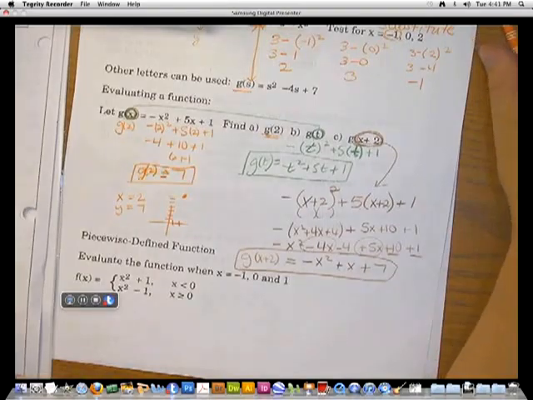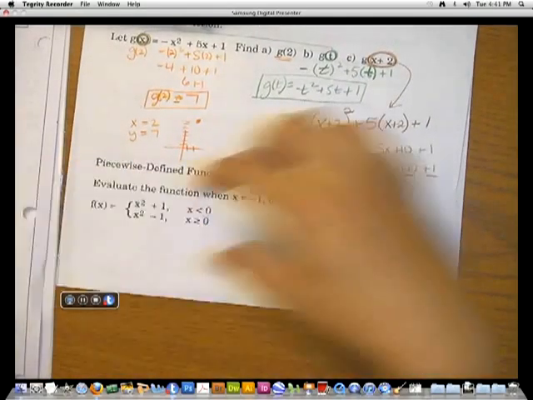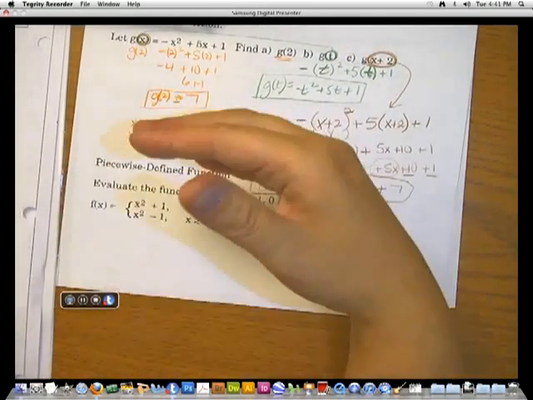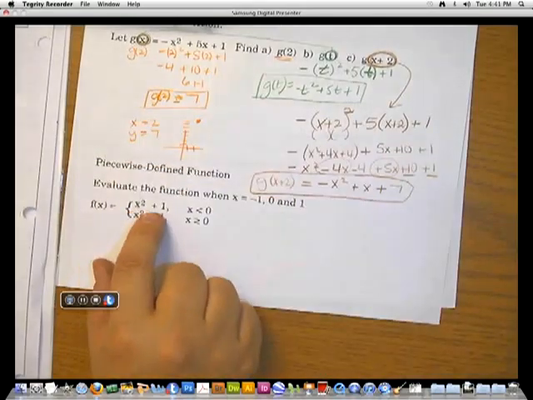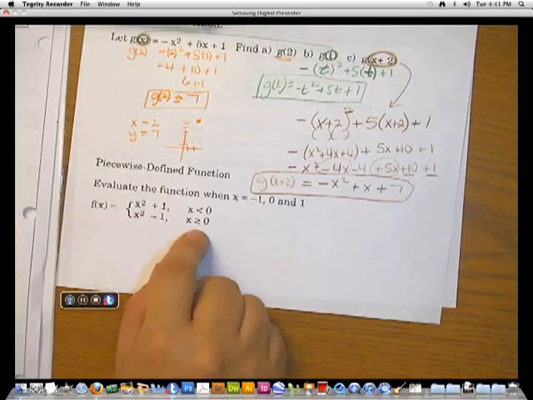Okay, so now we're moving on to the piecewise defined function. We're going to evaluate the function when x is negative 1, 0, and 1. This piecewise, what it means is that my graph is broken into different sections. For x squared plus 1, my x is less than 0, and for x squared minus 1, we're going to just look at x greater than or equal to 0.